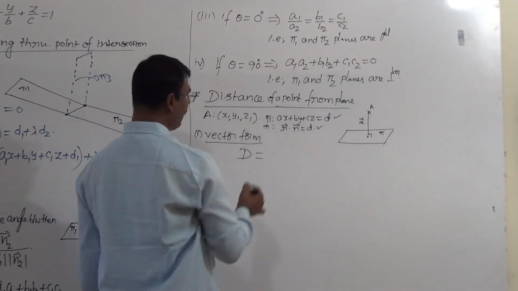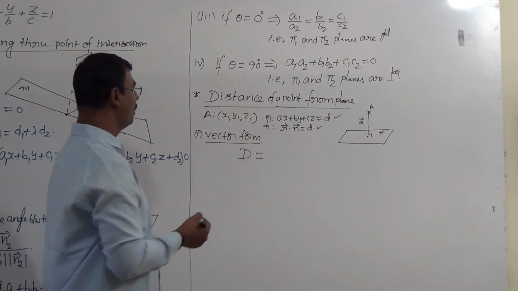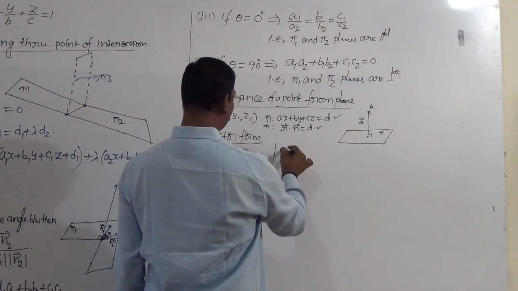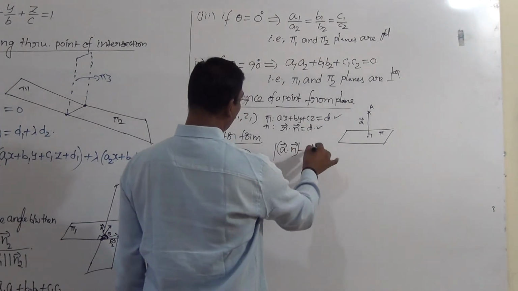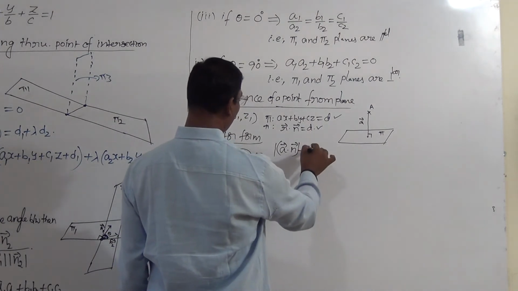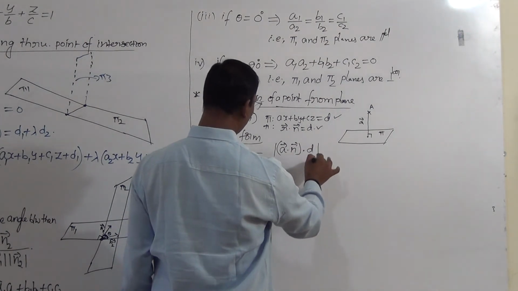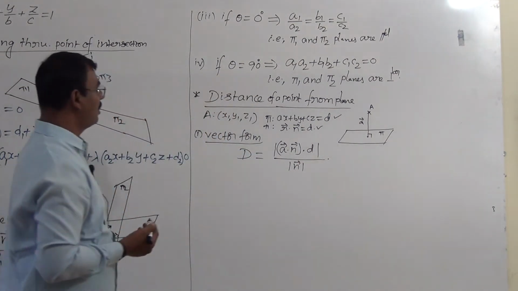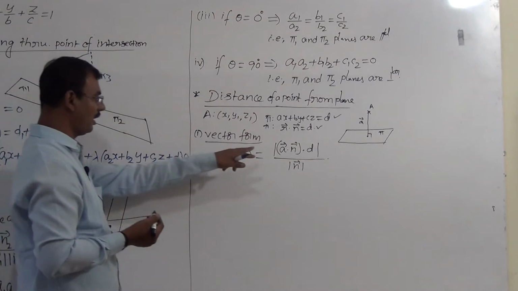D is equal to, capital D, meaning the distance of a point from the plane, that is magnitude of a bar dot n bar minus d, divided by magnitude of n bar. This is the distance of any point x1, y1, z1 from a plane.